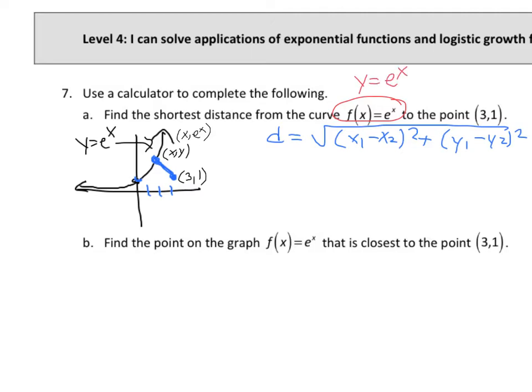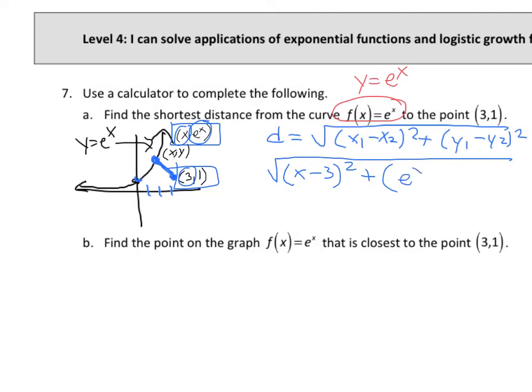So now in my distance formula, I'm going to use these 2 points, x comma e to the x and 3 comma 1, and plug them into the distance formula. So I get the square root of x minus 3 for my x values, and then I square that, plus, and then for the y's, I replace y with e to the x, and then I subtract the other y value, which is 1, and then we square that.